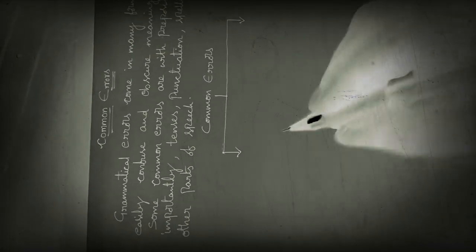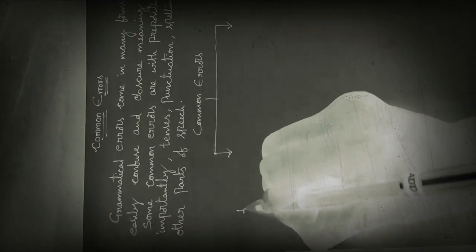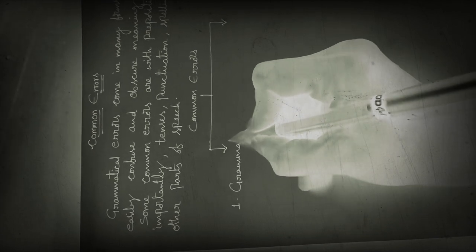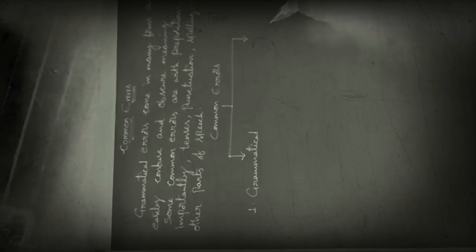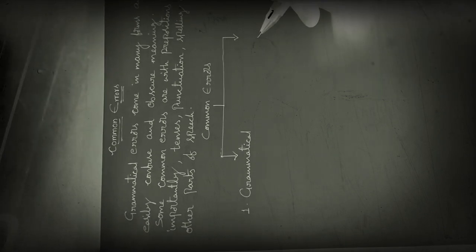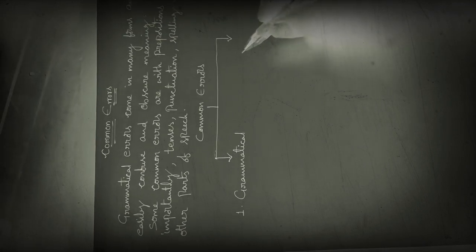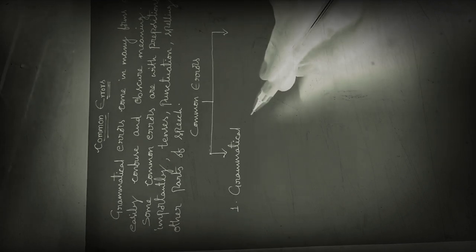I divided the common errors in two parts. That is, first one is grammatical. So the spoken English is different and the grammatical English, that is different. So I divided the common errors here into two parts.